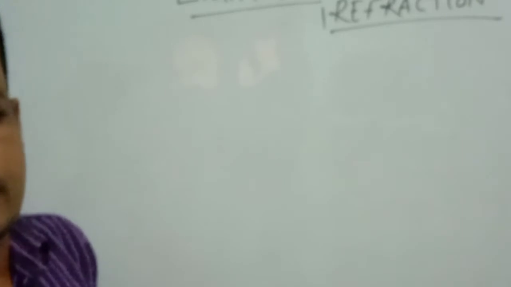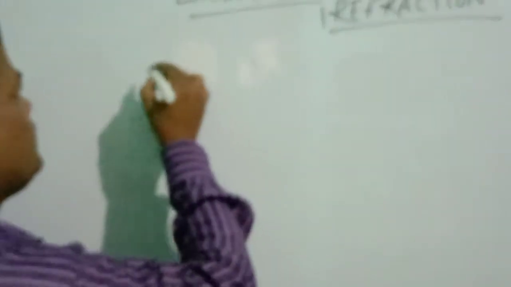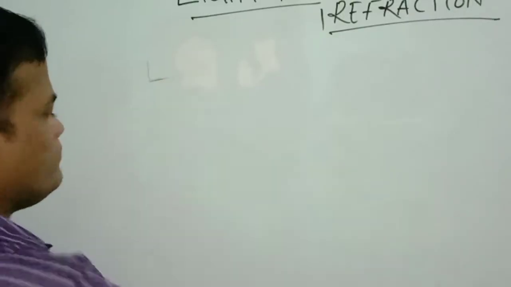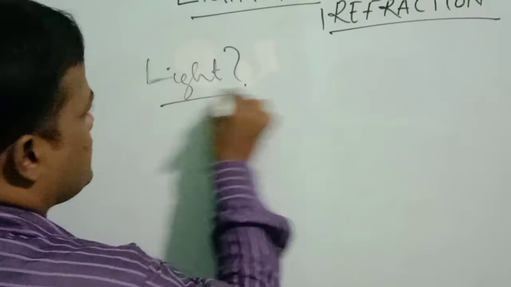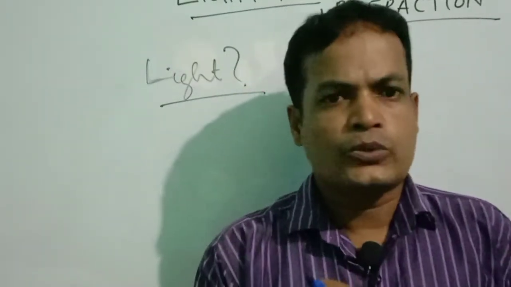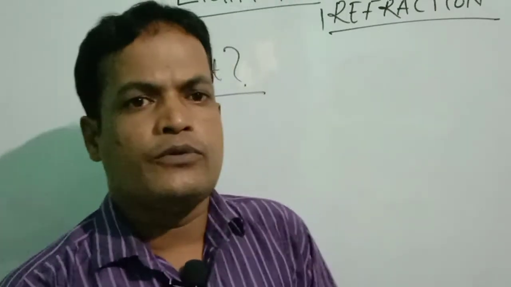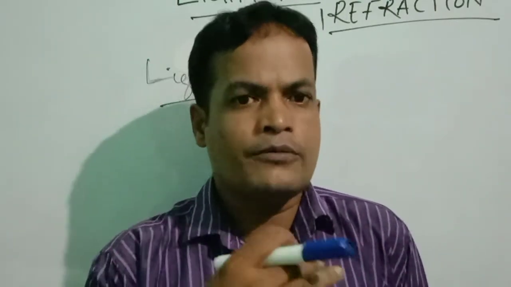Generally we know that light. What is light? Light is a form of energy which enables us to see things, to visualize things, to observe things.